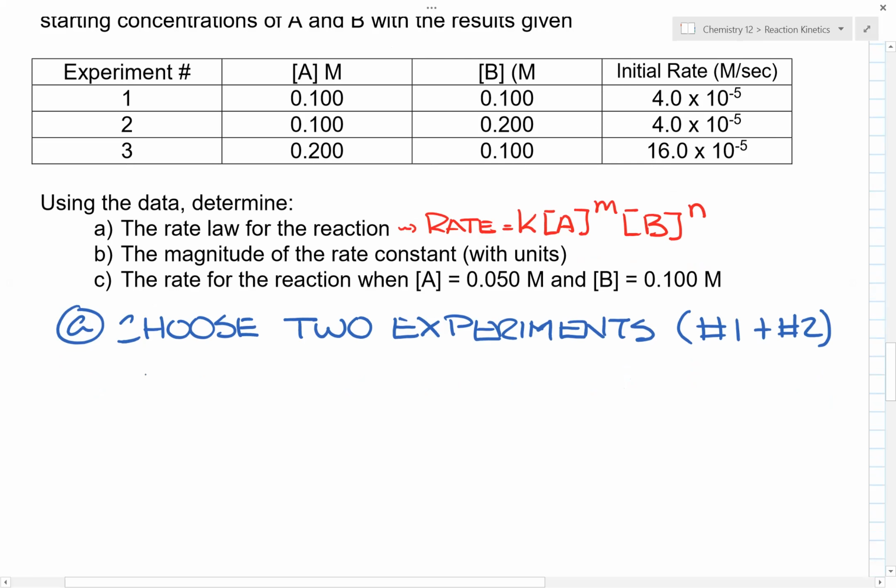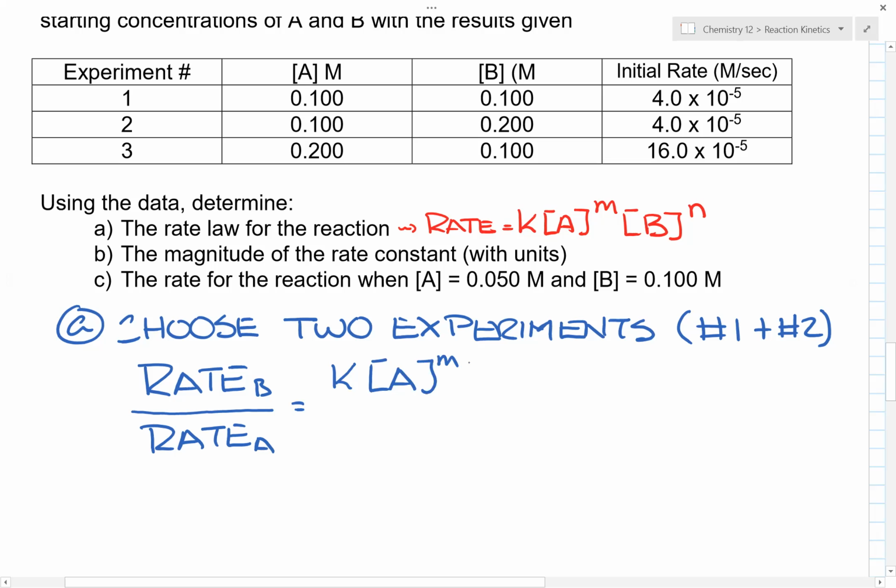So if I did that, let's say if I had rate of B all over rate of A, that is equal to K concentration of A to the power of M, B to the power of N, all over K concentration of A to the power of M, B to the power of N.